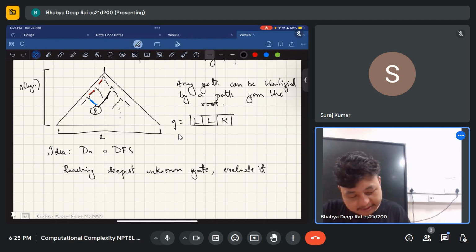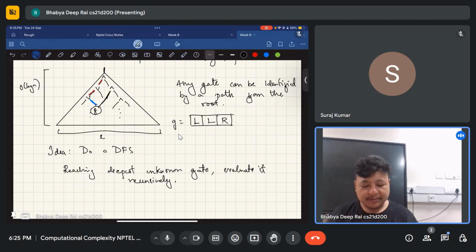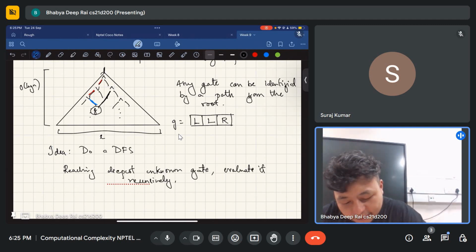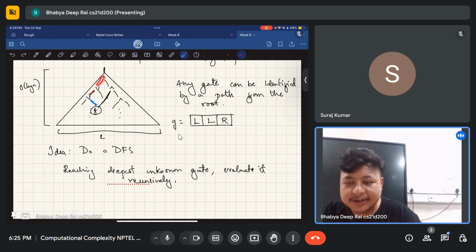I'll evaluate it recursively. So I do the same trick again. I do a DFS once again. So the idea is that I want to know what this AND evaluates to. So I explore an arbitrary path. I choose the left one first, and then I choose the left, then I choose the right, and then I get a gate.